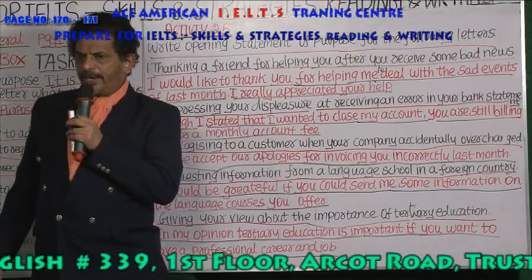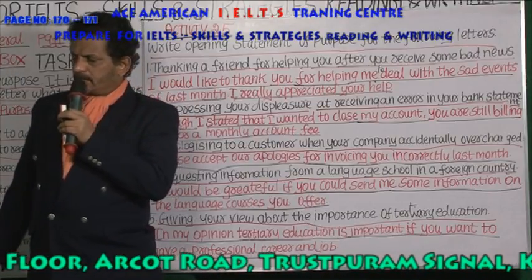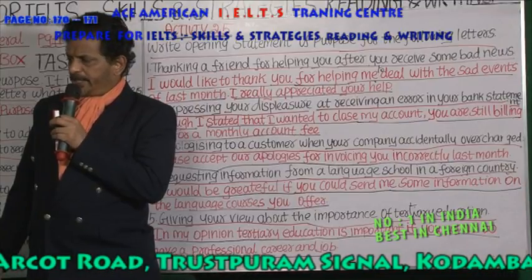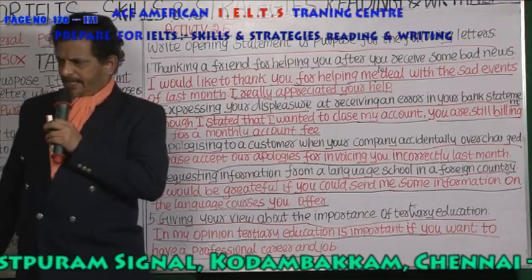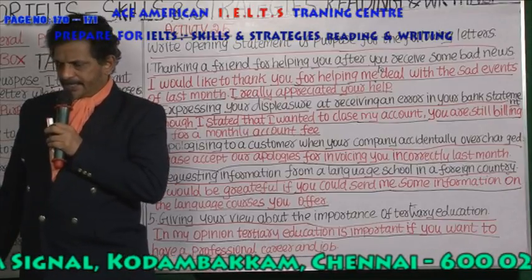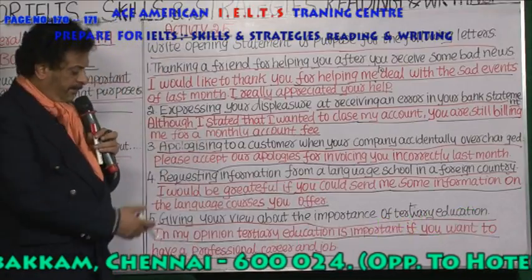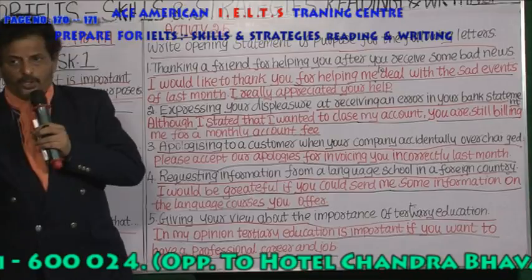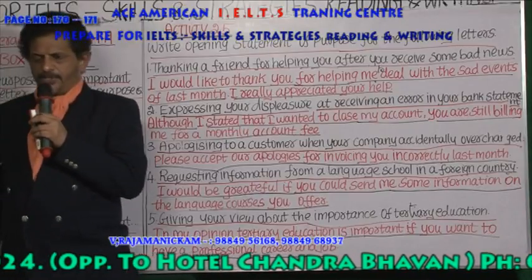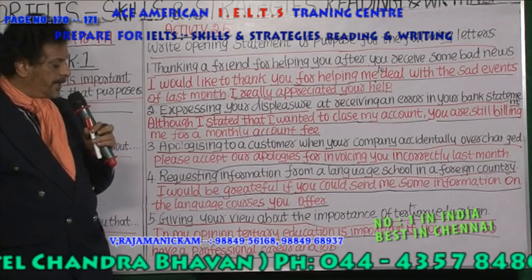So after your 10th and 12th, the professional studies you undergo are called tertiary education. The technical knowledge, maybe something like polytechnic studies. By doing those studies, you can get a professional career and job. So you are telling your viewpoint. When you want to express your viewpoint, you start the sentence with a statement.